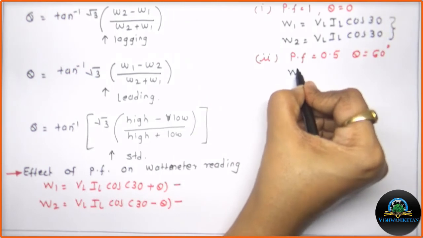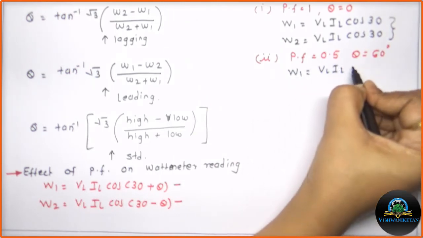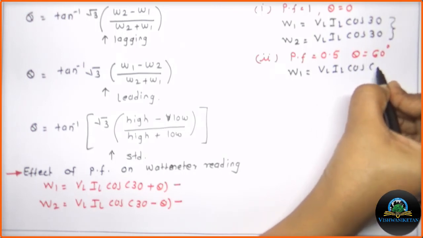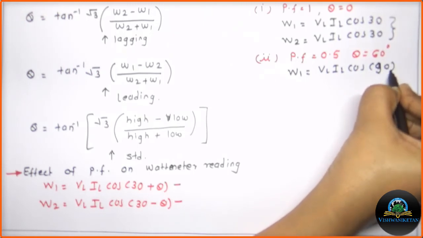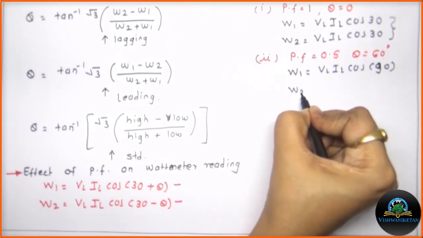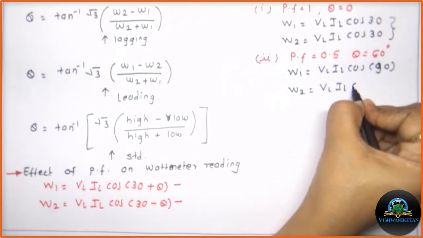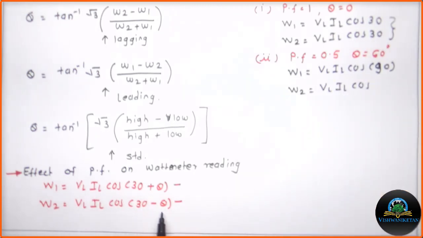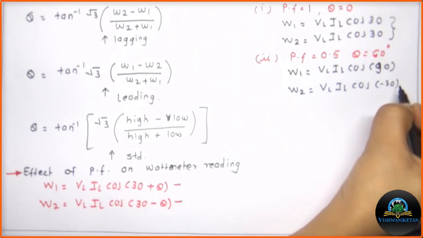So my W1 will be VL IL cos(30 + 60). I directly write down, it will be 90 degree. And W2 will be VL IL cos(30 - 60), so it will be minus 30.